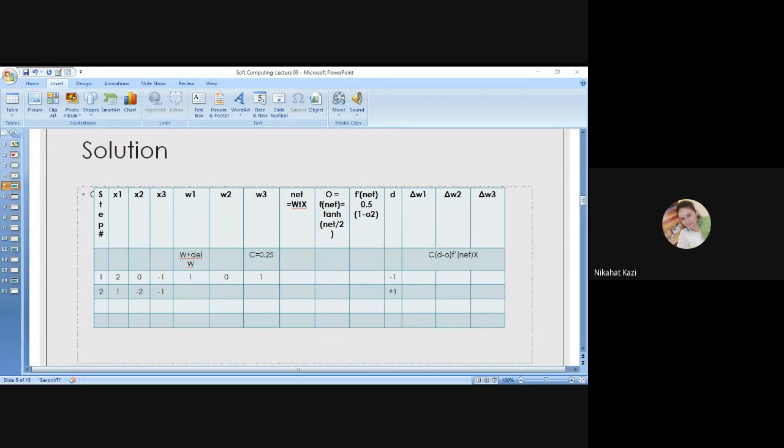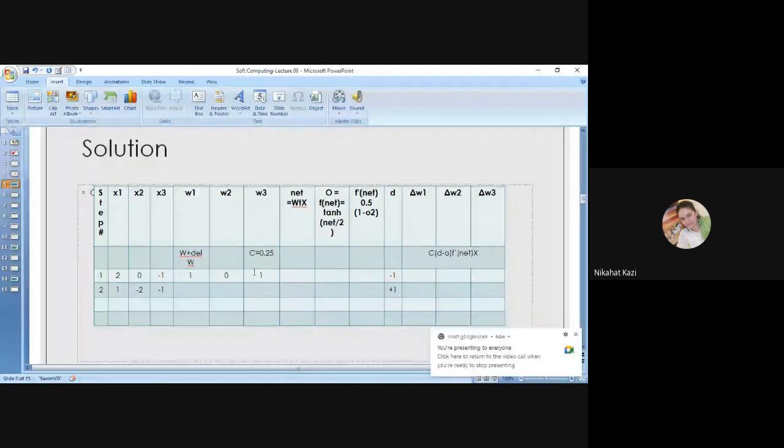Since we are going to use the bipolar sigmoid, we know that it is tan h of net by 2. That is what I've written here. And f dash net is half of 1 minus o square. This is the weight update equation: c into d minus o, f dash net, times x.